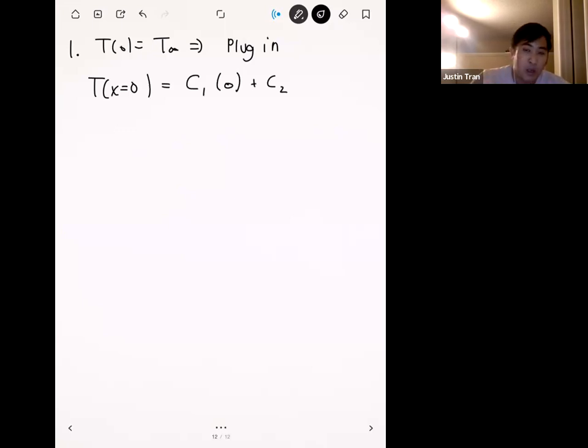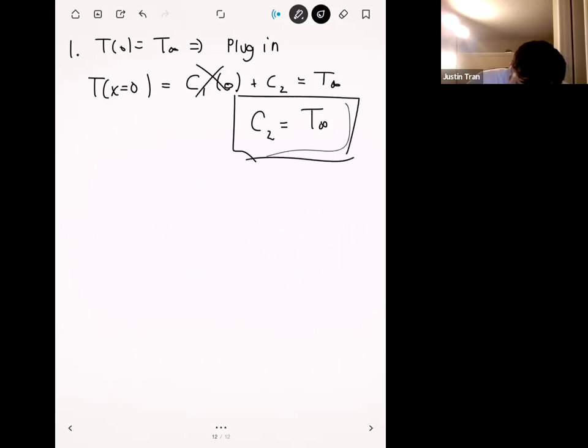All I did was plug in 0 for x from the previous page. This is equal to T infinity. We get rid of that term because we have C1 times 0, and anything times 0 is 0. And so this gives us C2 is equal to T infinity.